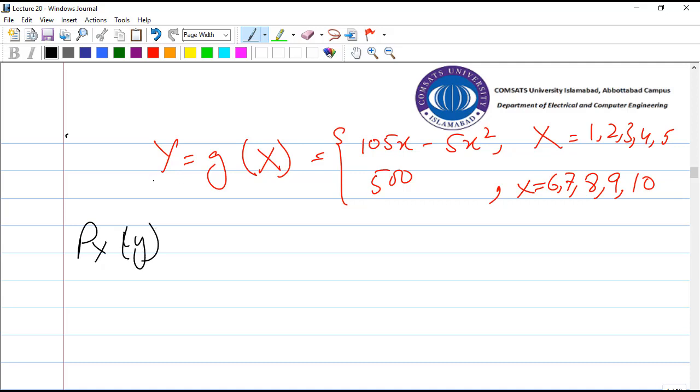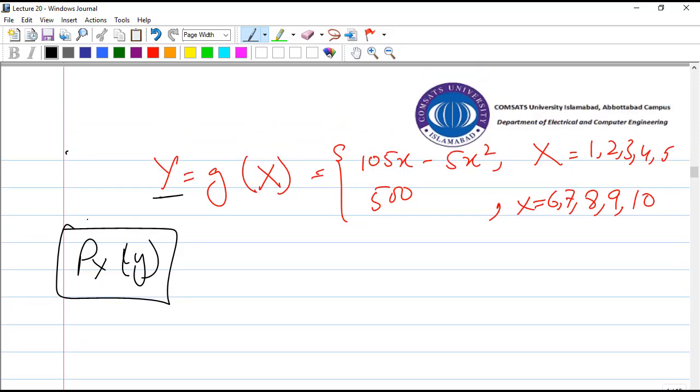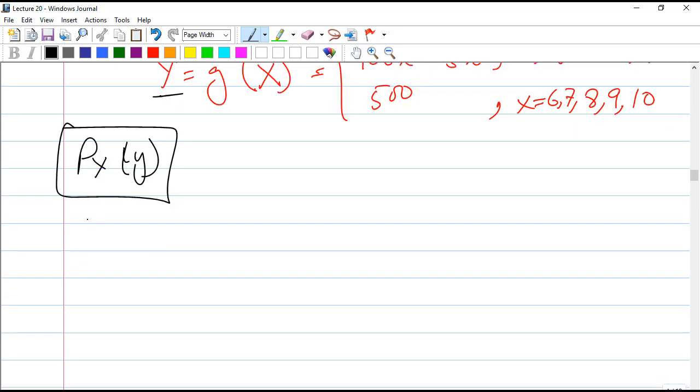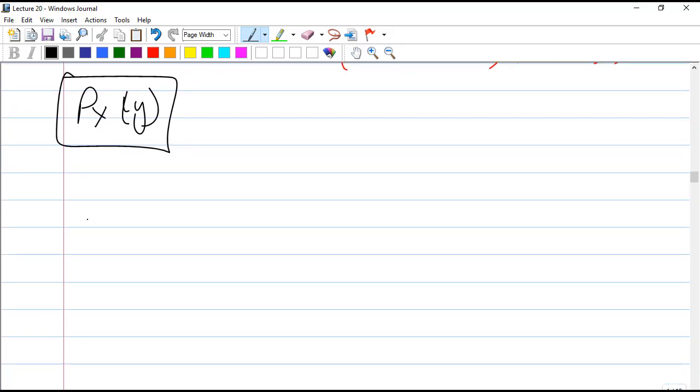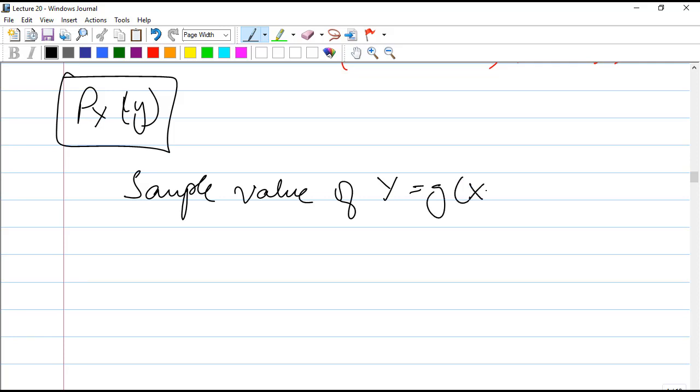Once we know what y is, we need to find the PMF of y, P_Y of y. For that, the important thing is that a sample value of y is equal to g of x.